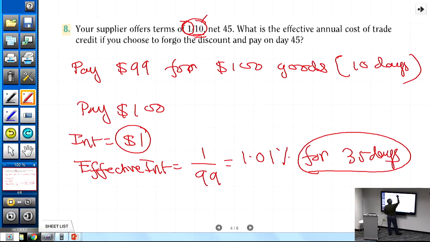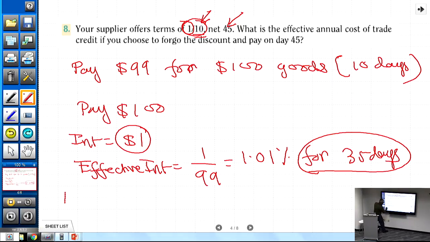Because you could have paid it in 10 days. Now you're waiting until the last day, which is the 45th day. So effectively you're paying a 1% interest over that 35 days.